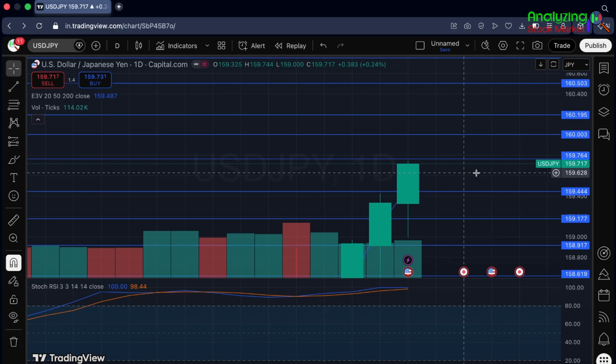So here, let's talk about my opinion for USD JPY. According to the previous week's momentum, I'm expecting a negative closing, but I'm expecting it in the no trading zone, which is this range, 159.444 to 159.764. I'm expecting a negative closing, but within this range.